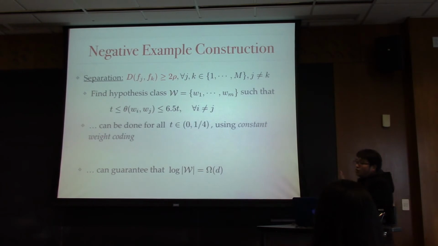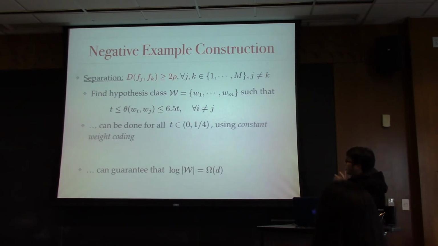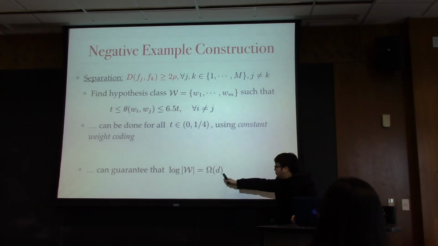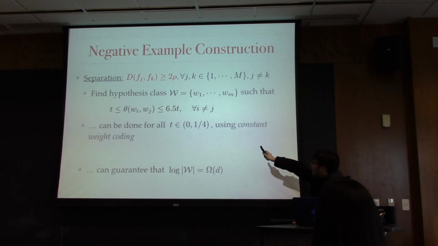This means any two hypotheses in this hypothesis class are well separated, and this can be done for any parameter t using what is called constant weight coding. So basically, I can select an exponential number of linear classifiers so that any pair of them has angle bounded between t and a constant times t.